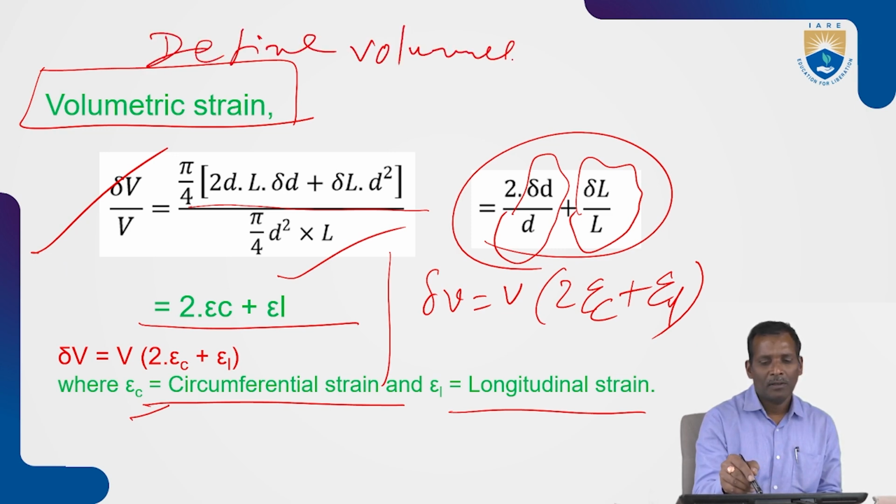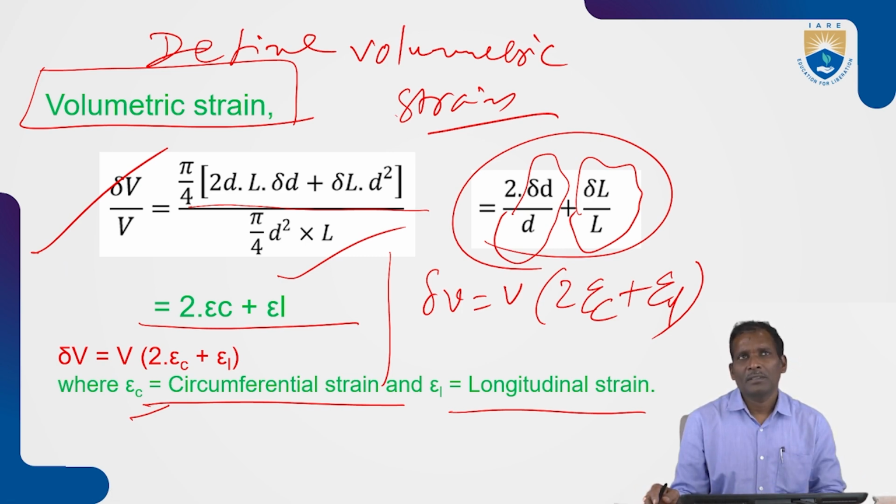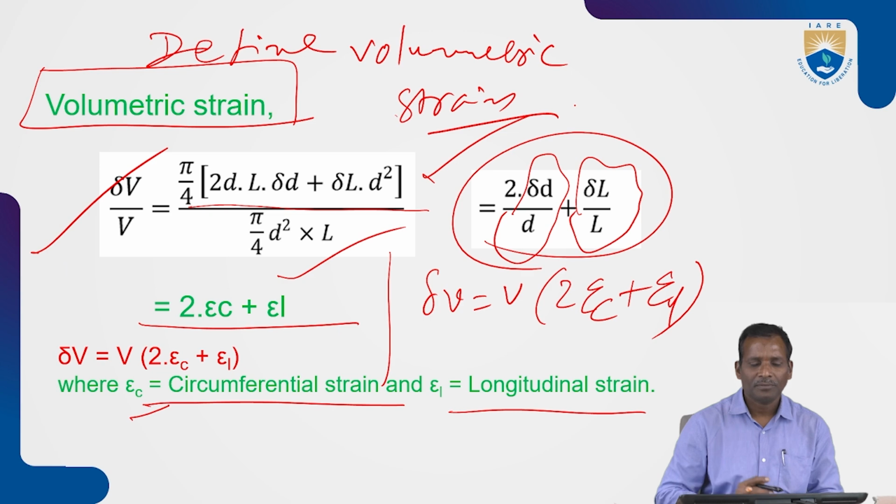Define volumetric strain. First you have to give the definition. Volumetric strain is equal to delta V by V, that is change in volume by original volume. Change in volume means final volume minus original volume, and then write this equation.